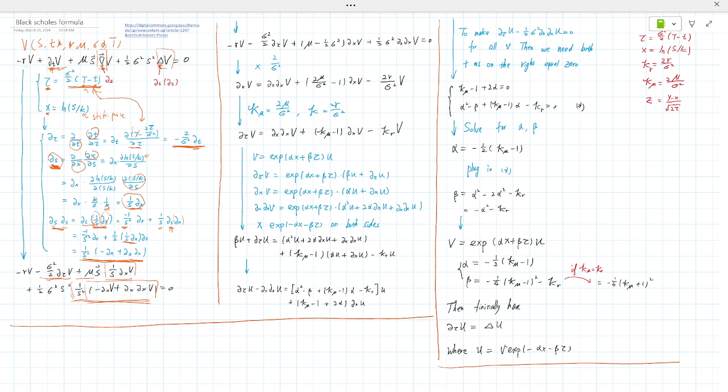Plug everything in, cleaning it up by merging dx here, and then multiply by 2 over sigma squared, so that we get this out of the way, to make it look a little bit prettier. You have this.